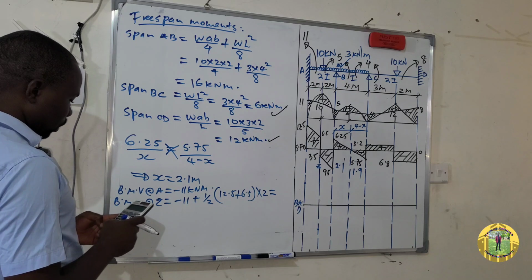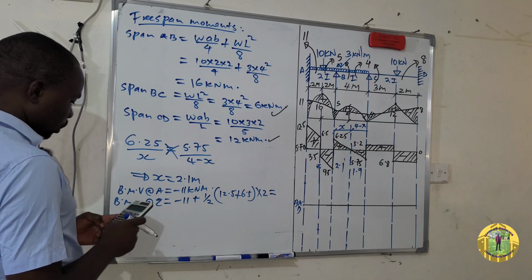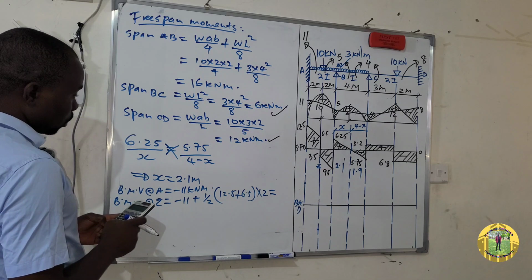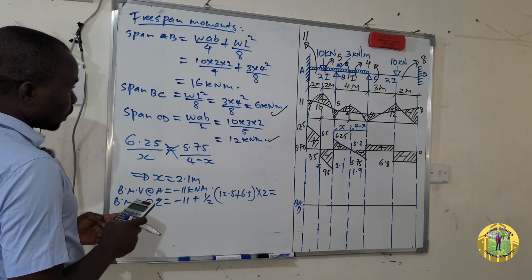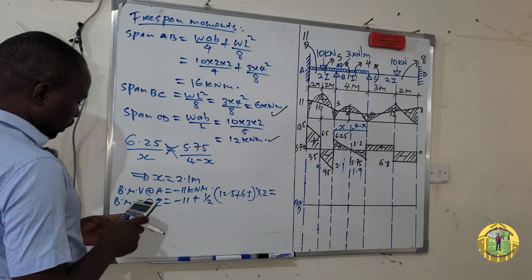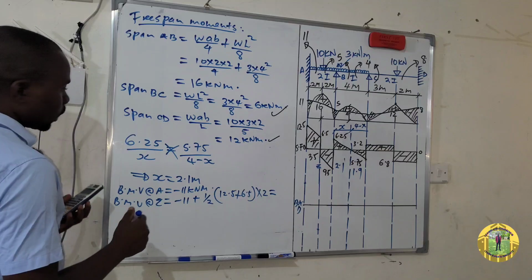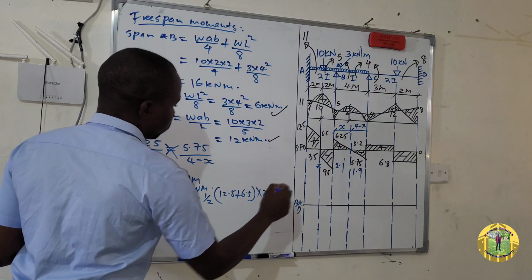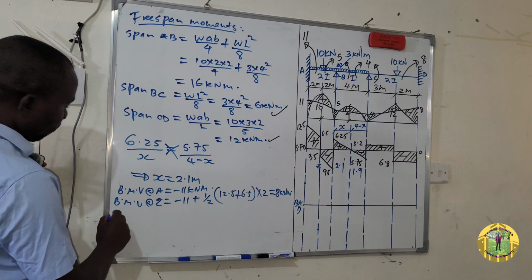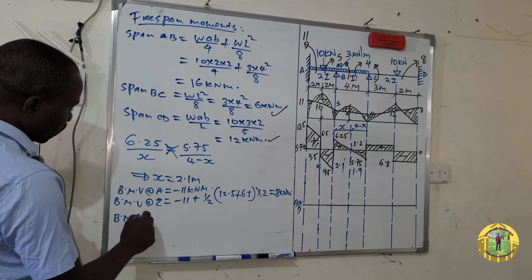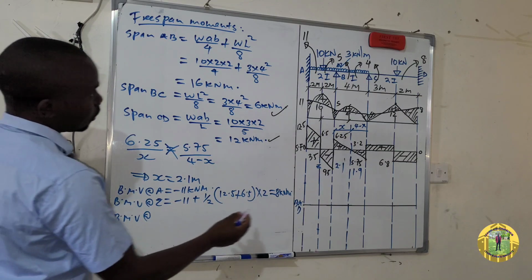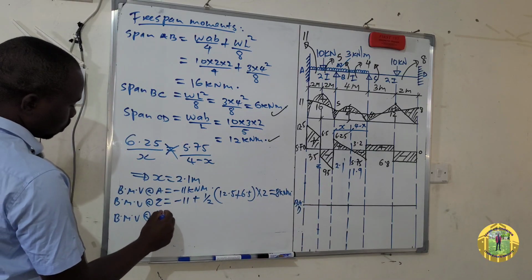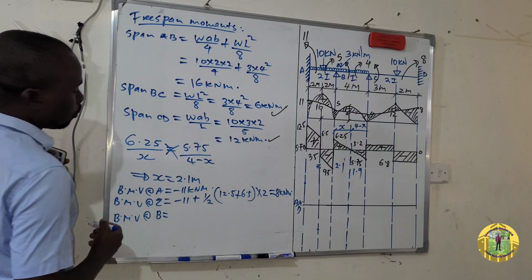Then negative 11 plus 19. You get 8 kilonewton meter. Then we proceed to bending moment value at B. At B, we know at B is 5, but let's prove it.